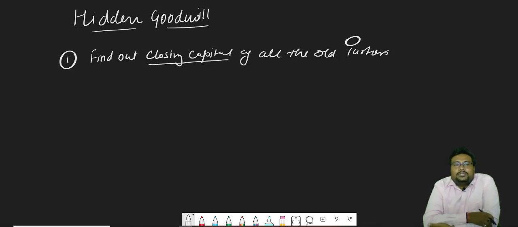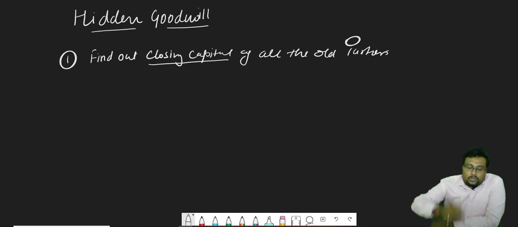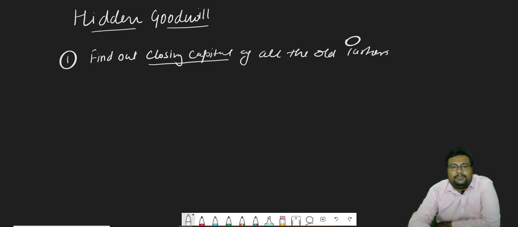Like suppose on 31st March we find out that we have to admit a partner. So on 31st March, whatever the total capital, it means capital plus appropriation, all adjustments. After all adjustments, whatever capital they have is known as closing capital. So closing capital you identify by 2 things.